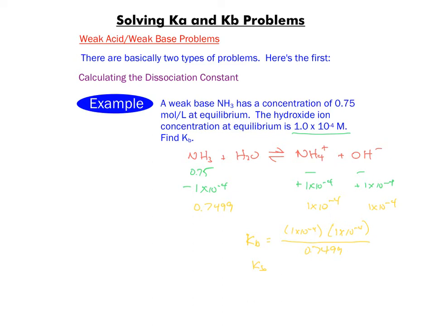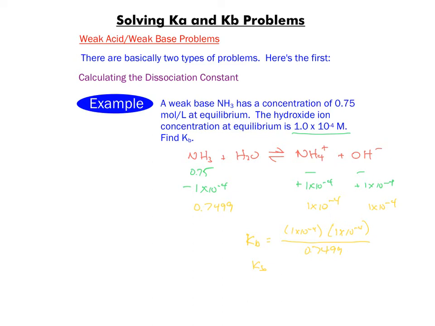And so let me just type it into my calculator here. So we go 10 to the negative 4, and we're going to square it.